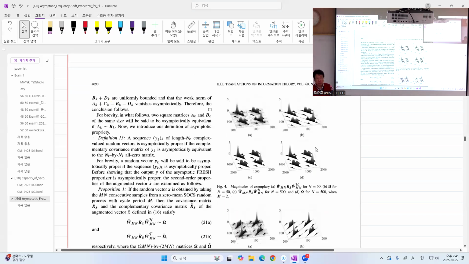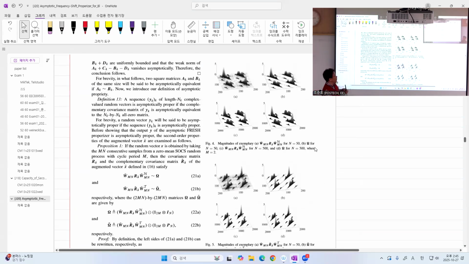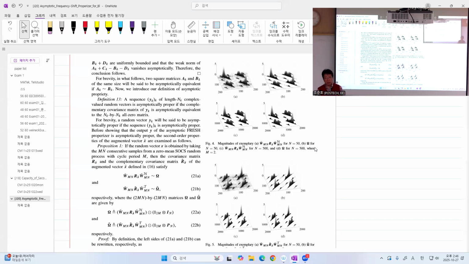Anyway, as you see, we have a lot of figures like this that look similar to the impulse fences. And here, we take the length n vector.